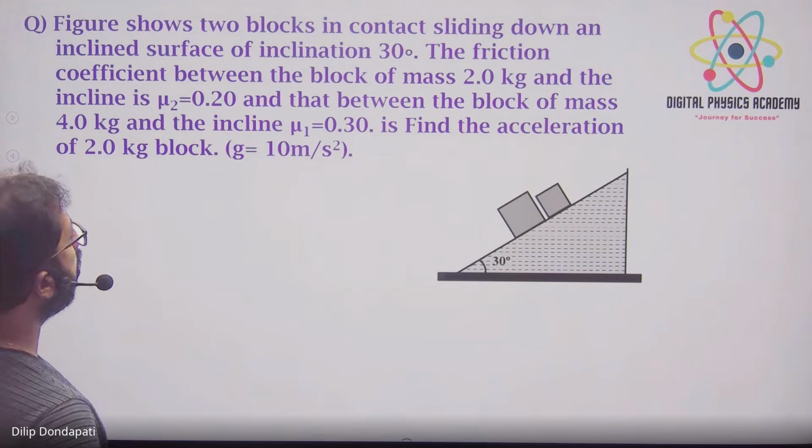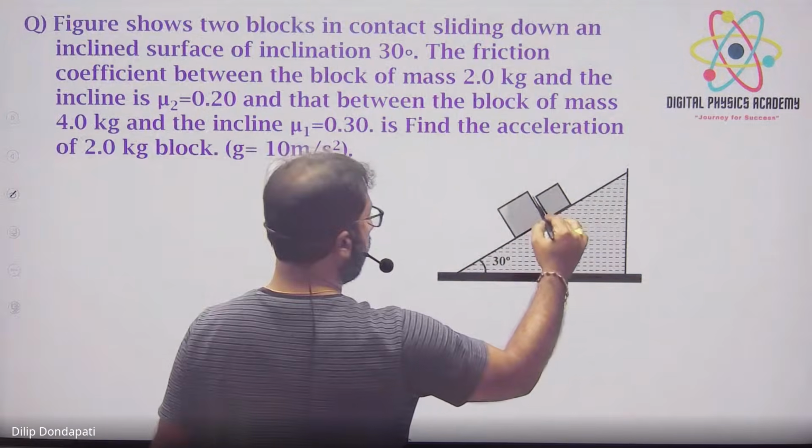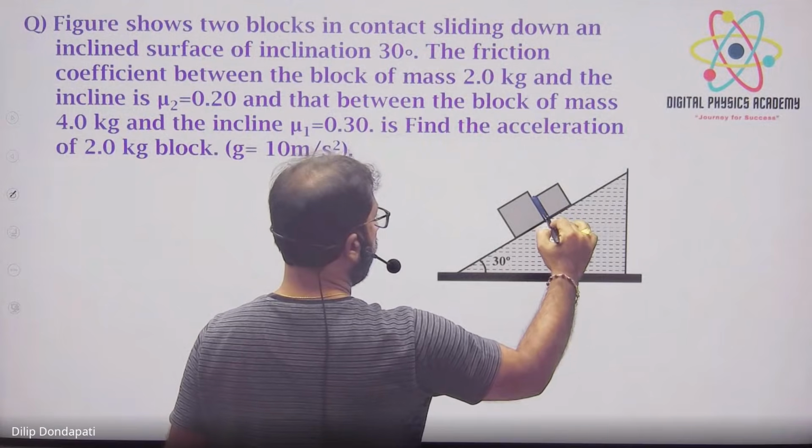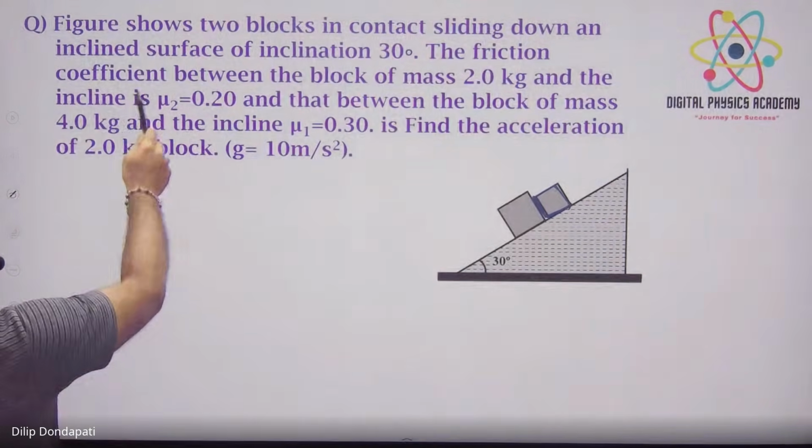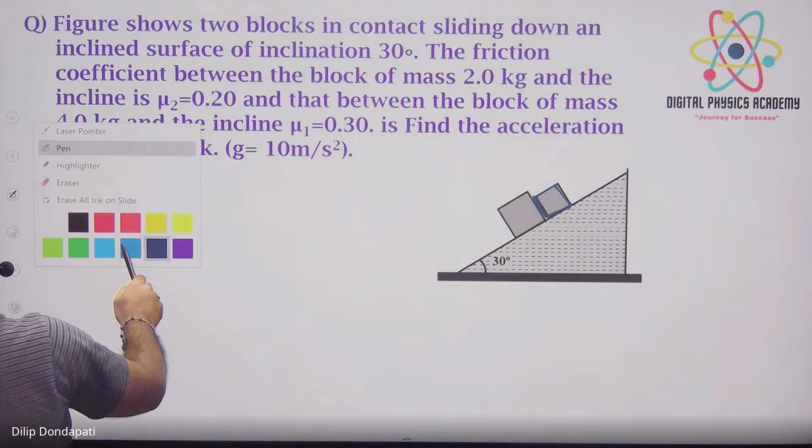Figure shows 2 blocks in contact. देखो ये 2 blocks in contact है. Sliding down an inclined surface at an angle 30 degrees.